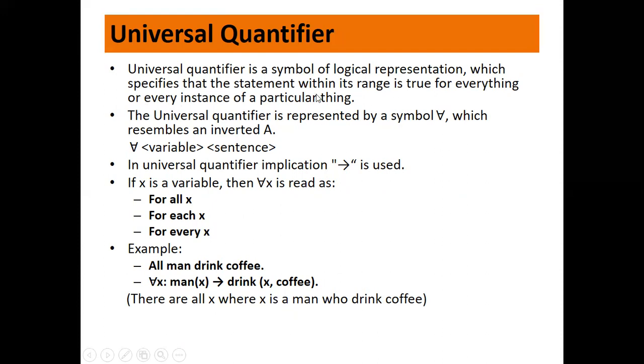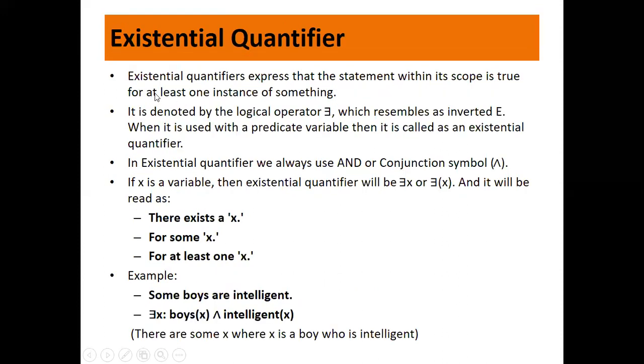It is denoted by the logical operator there exists, which resembles an inverted E. When it is used with a predicate variable, it is called the existential quantifier. In the existential quantifier, we always use and, or conjunction, whereas in the universal quantifier, we use implies.